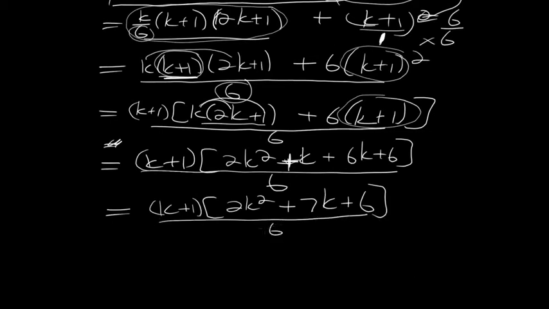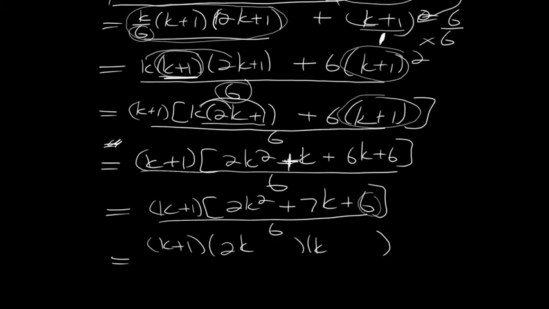Then, well, then you can factorize this, can't you? You can say that is 2k in the one bracket and the k in the other bracket. So you need to revise your factorization to get this one. What do we multiply to get 6?